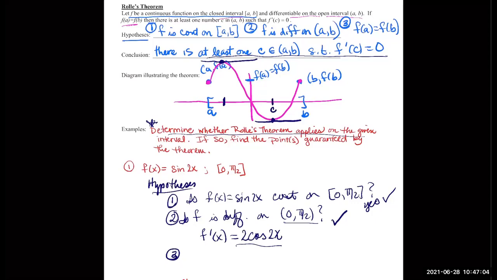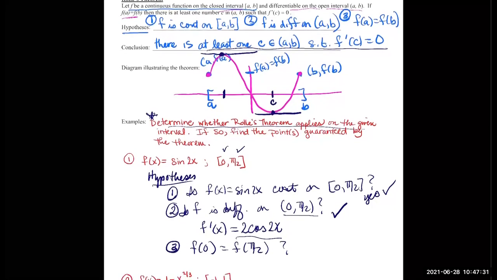Okay, so then the third thing we have to check is to see if f of a is equal to f of b. So in our problem, notice that our a is 0 and our b is pi over 2. And so we need to check, are those two things equal? And we decide if they are equal by plugging them in. So we're going to plug those values into our function.